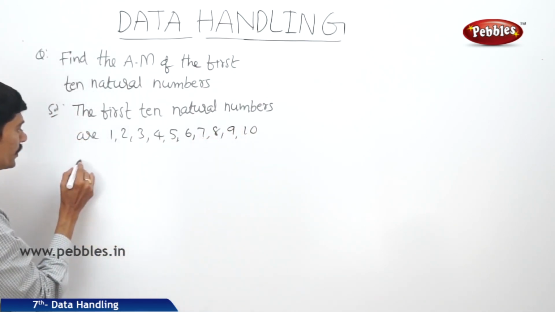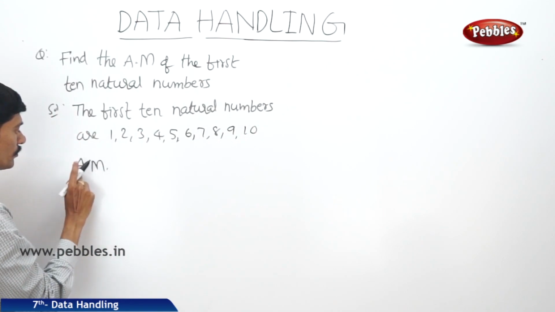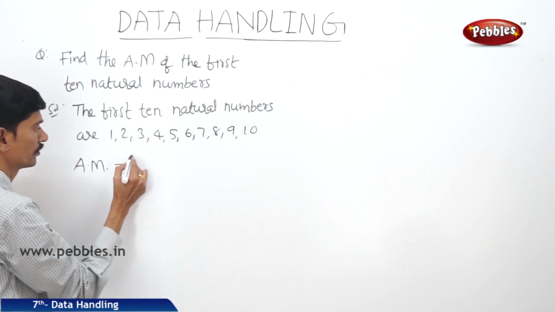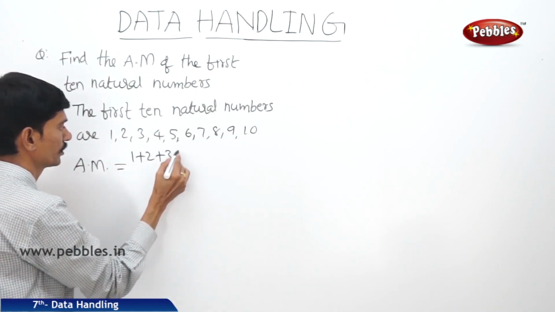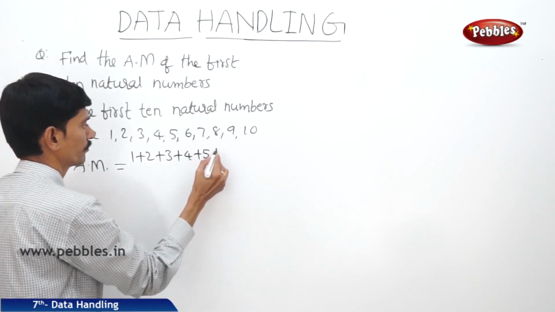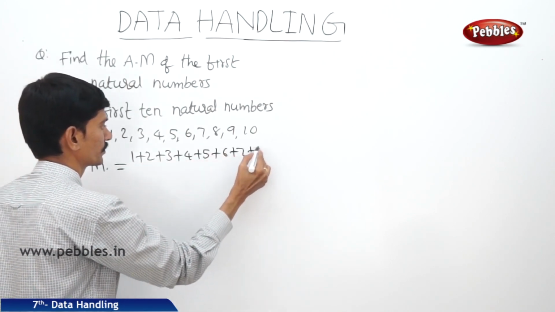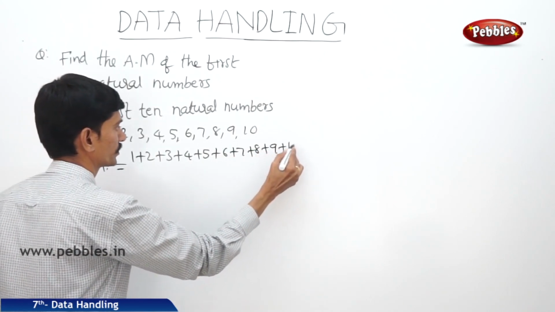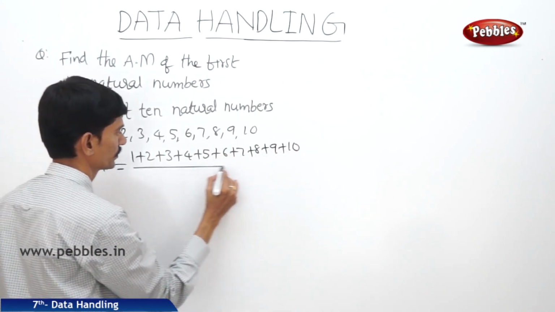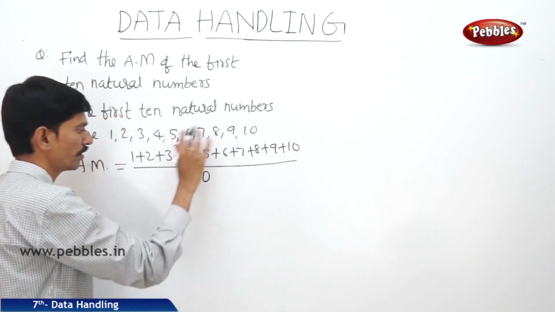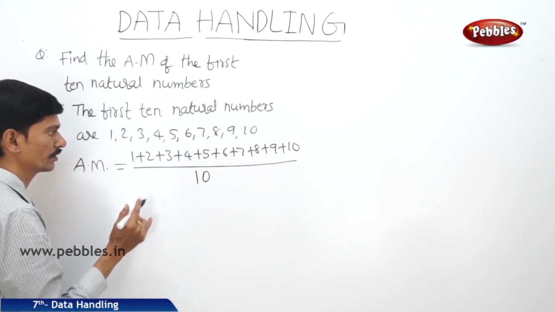Now their arithmetic mean equals 1 plus 2 plus 3 plus 4 plus 5 plus 6 plus 7 plus 8 plus 9 plus 10 divided by 10. Sum of all the observations by the number of observations.